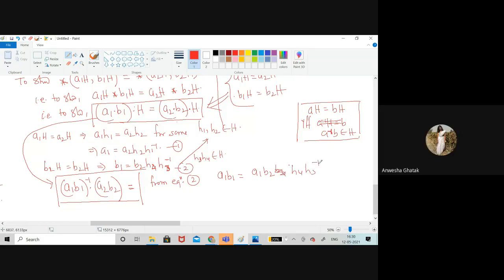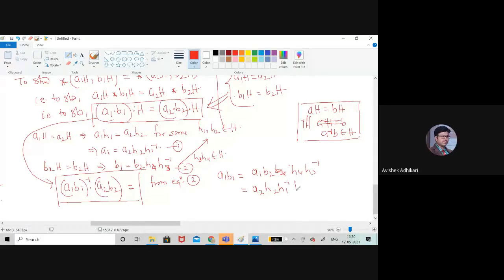Very good. Then we put the value of A1 on the right side. A1 is A2 h2 h1 inverse. Let h equal h2 h1 inverse.